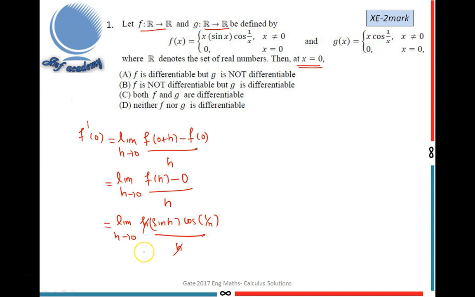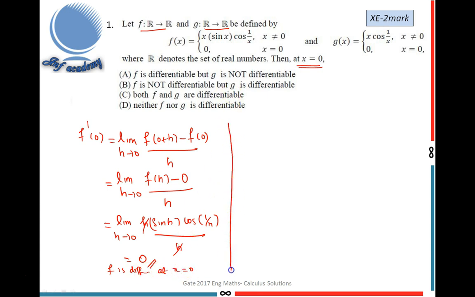Here h cancels and I substitute the limit. I get sin 0, which is 0, and cos of 1 by 0 is cos infinity, which is some bounded value. Multiplication by 0 gives 0. Finally I got the value 0. The limit exists, so f is differentiable at x equal to 0.